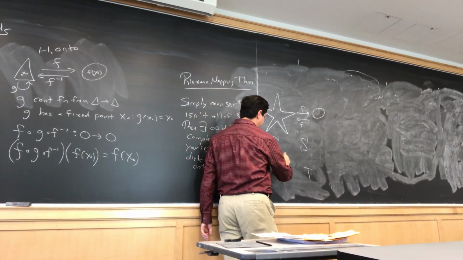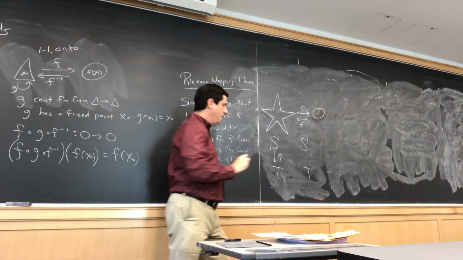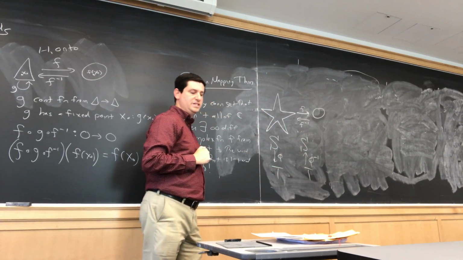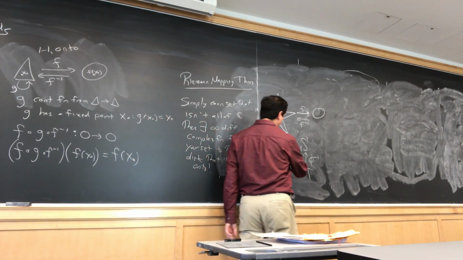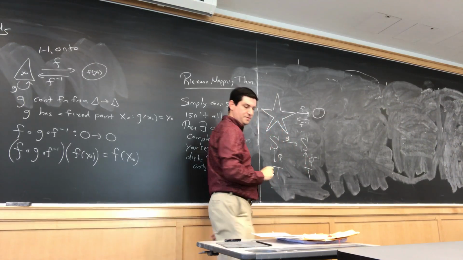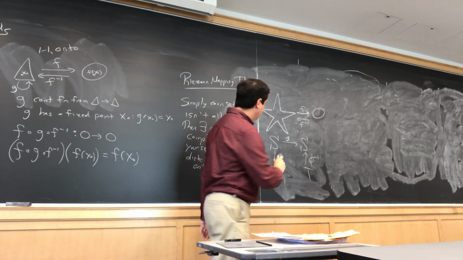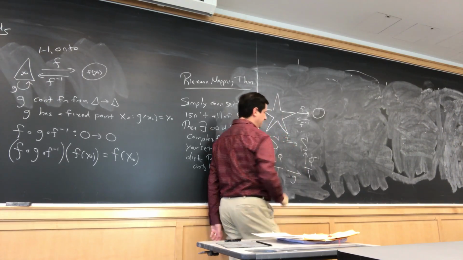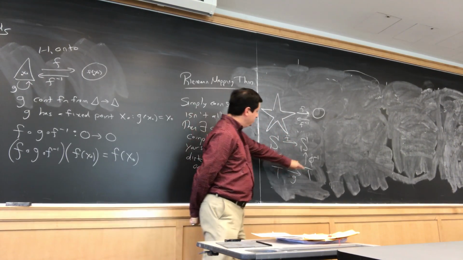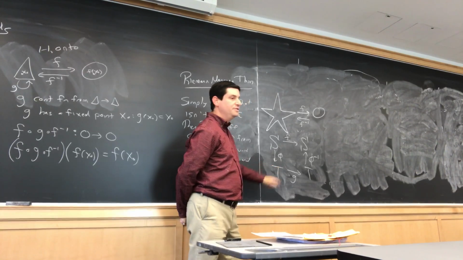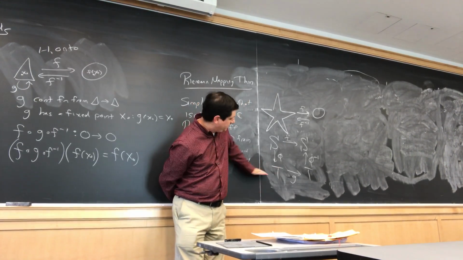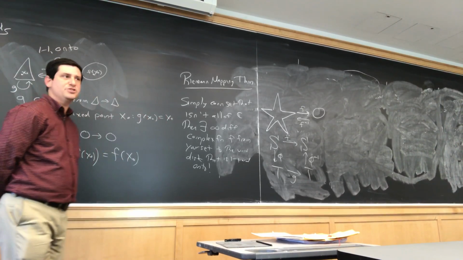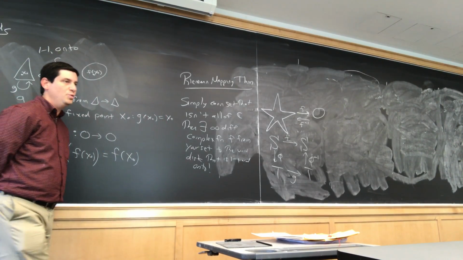So I'll have some function phi from S to T. I'll have phi inverse coming up from T to S. I'll have my function G going from S to S. And then, oh no, I'm calling this one F. And I'll call this one G down here. And so the idea is going like this should be similar to going like that. How many of you have seen pictures like this? Okay, so if you've seen pictures like this, this is essentially what's going on with the different spaces.